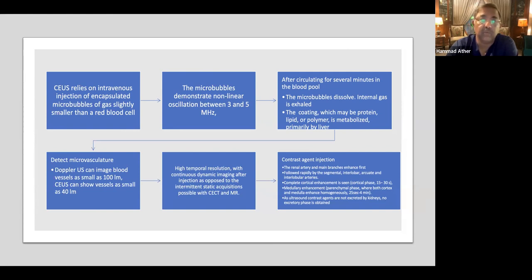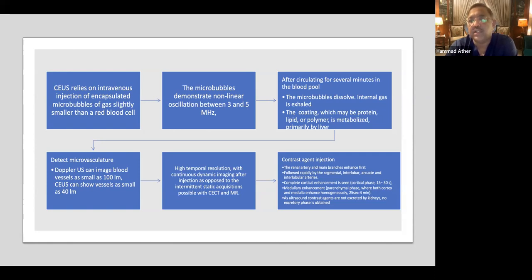So even 40 microns are visible. It has a high temporal resolution, and it provides continuous dynamic imaging in contrast to static acquisitions which are seen in MR or a CT scan.